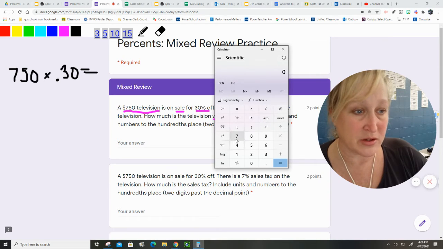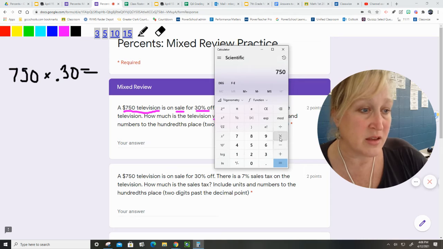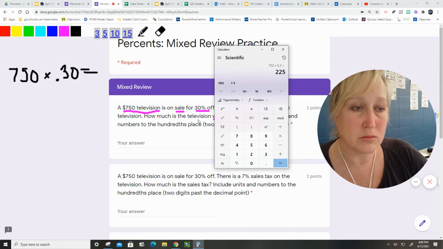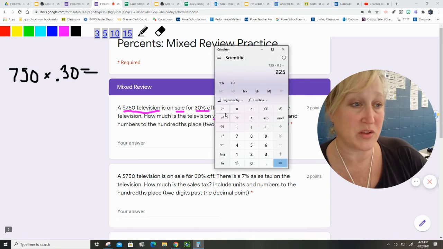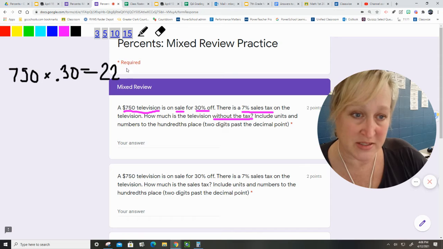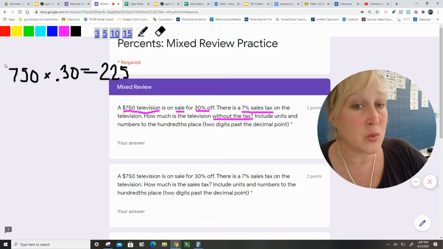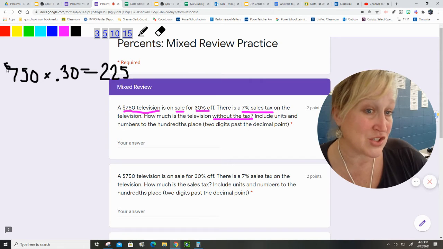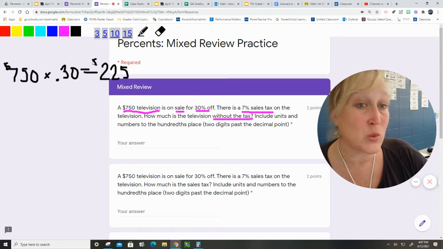So let's see, clear, 750 times 0.30 equals, that's a lot of money, $225. So we are going to put that right here. So my $750 television is going to be discounted by $225.